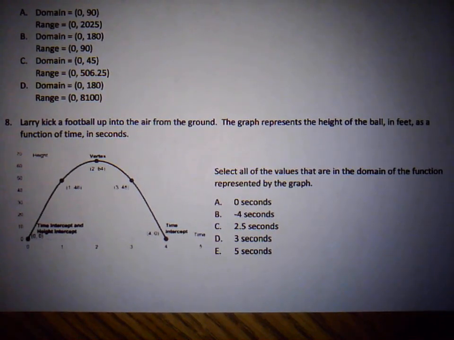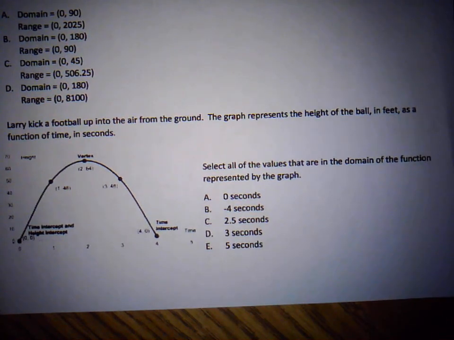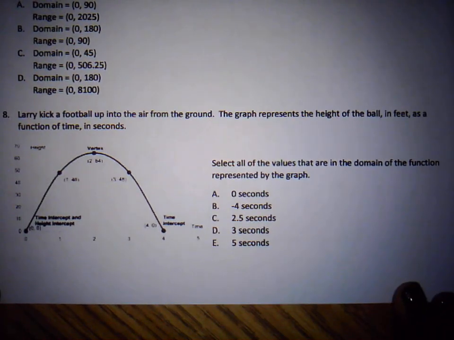All right, here we go. Number 8. It says Larry kicks a football up into the air from the ground. And when you kick a football, how does it go? It goes choink, choink, right? Yes, that's a clinical term. Look it up.